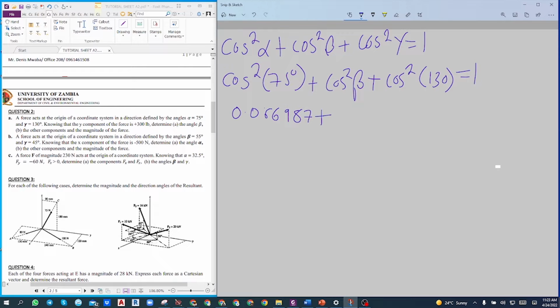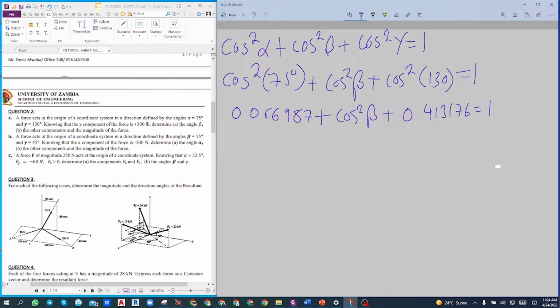Then plus of course cos squared beta, and plus we have cos 130 that squared. Cos 130 was a negative, but when you square it, it became a positive. So you have 0.413176. This is equal to 1.